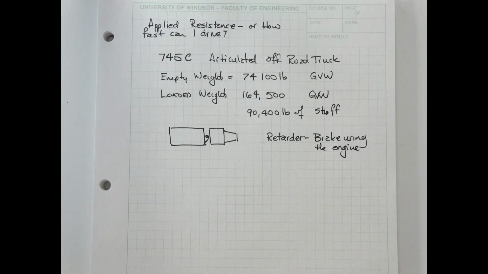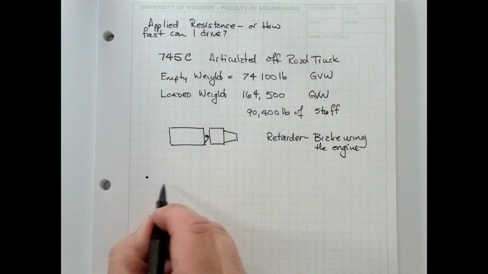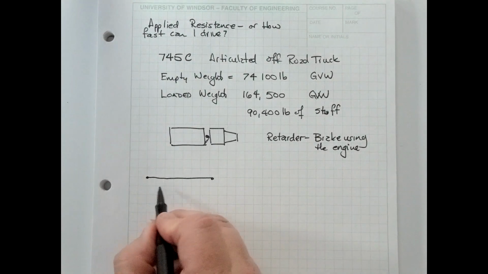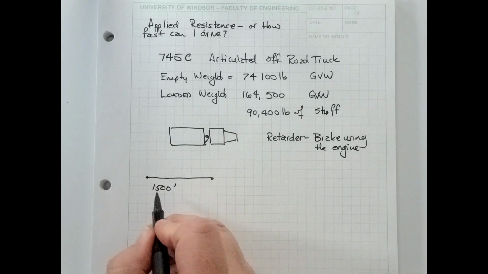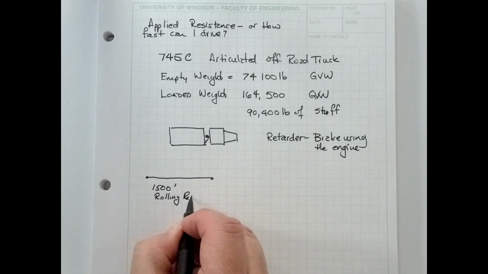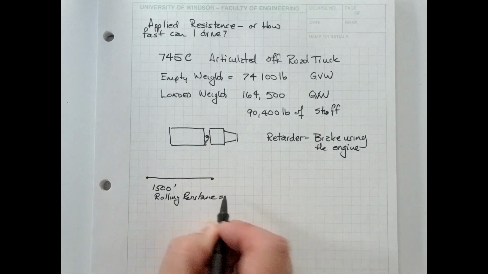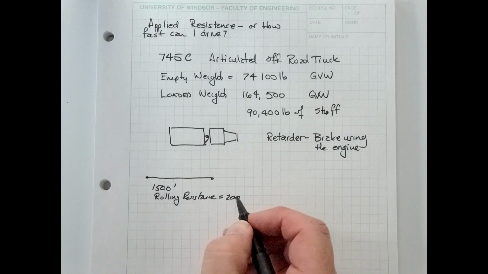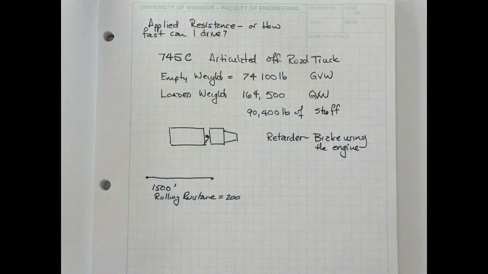We're going to roll this along a road. We have a section of road that runs 1,500 feet. It has a rolling resistance that is equal to 200 pounds per ton.